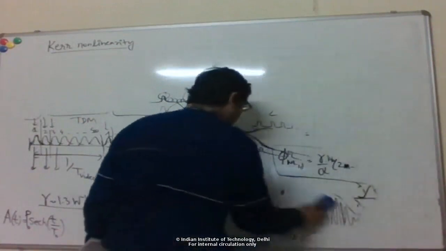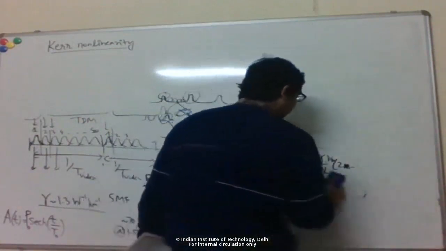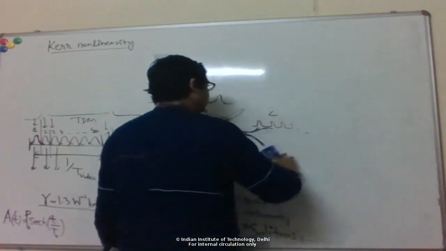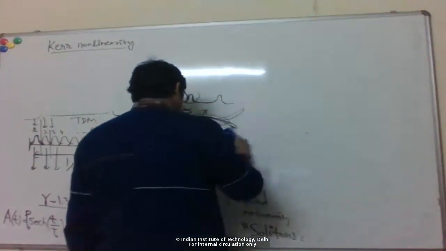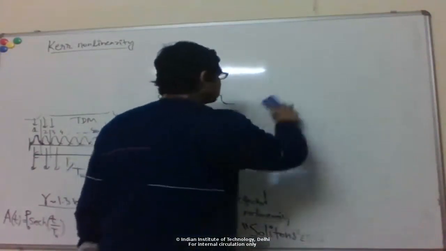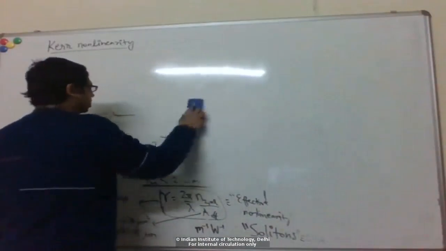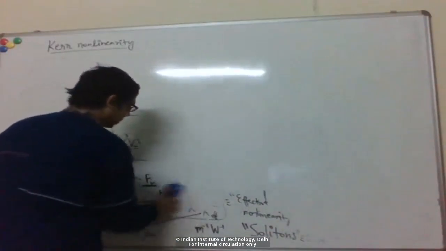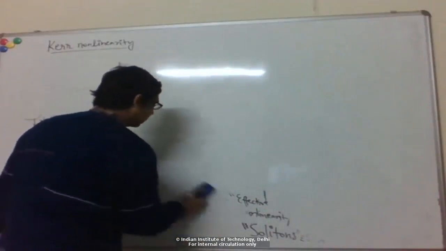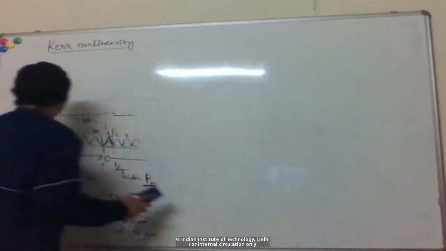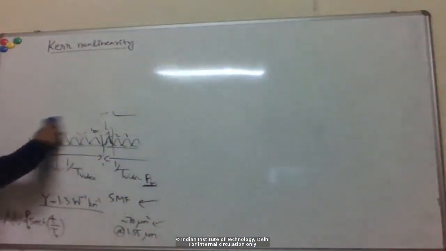As the name suggests, it's a mixing between different waves at different wavelengths or different frequencies. For example, it will be important for WDM systems, where it will introduce crosstalk due to mixing between different wavelength channels.